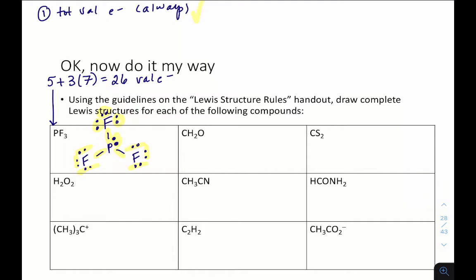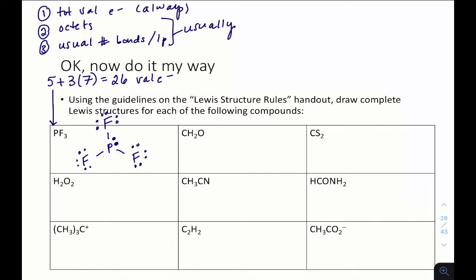So this is a check. Super. What should we check next? Yes, now the next two checks are just going to be usuallys. So we're going to check octets and we're going to check the usual number of bonds and lone pairs. So these are going to be usuallys. They're not always. The only always is total number of valence electrons.